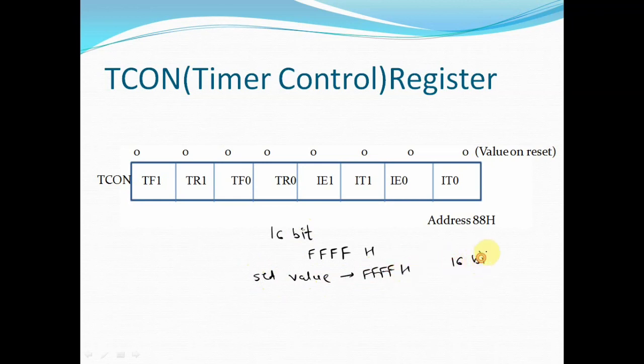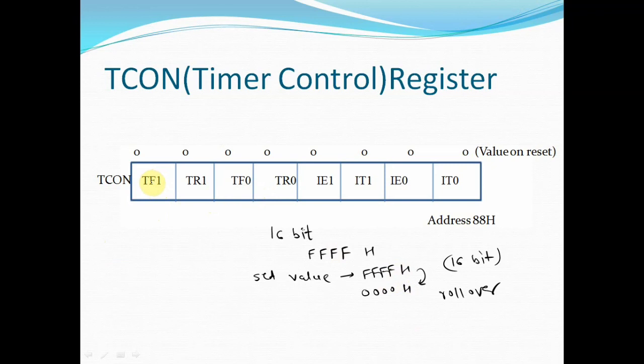Here we are discussing the 16-bit mode of a timer. When it reaches FFFF, then after one more clock pulse, it will go back to 0000. This changeover from FFFF to 0000 is also called a rollover condition. And at this point, this overflow flag will definitely be set.